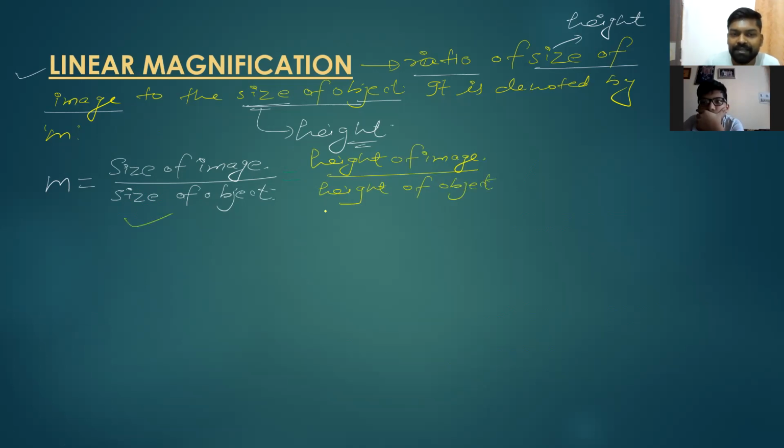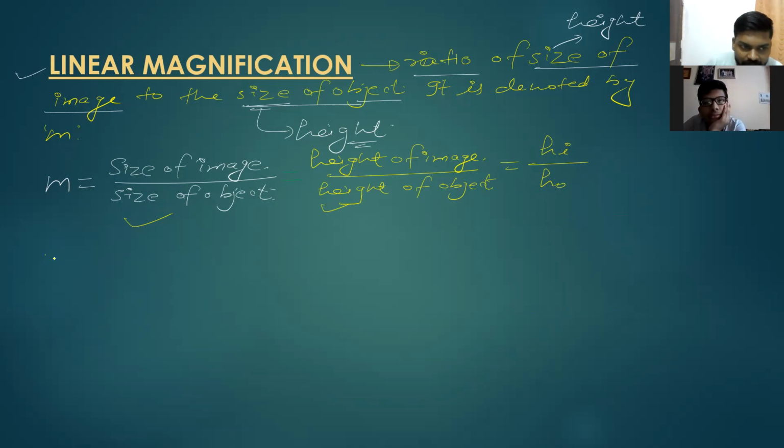There is no difference between size and height. The height of image is denoted by HI and the height of object is denoted by HO. I means image, O means object.